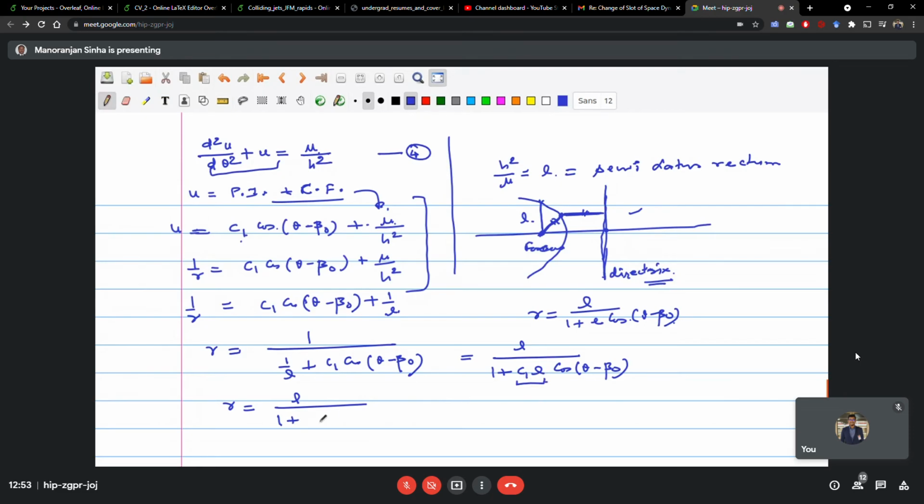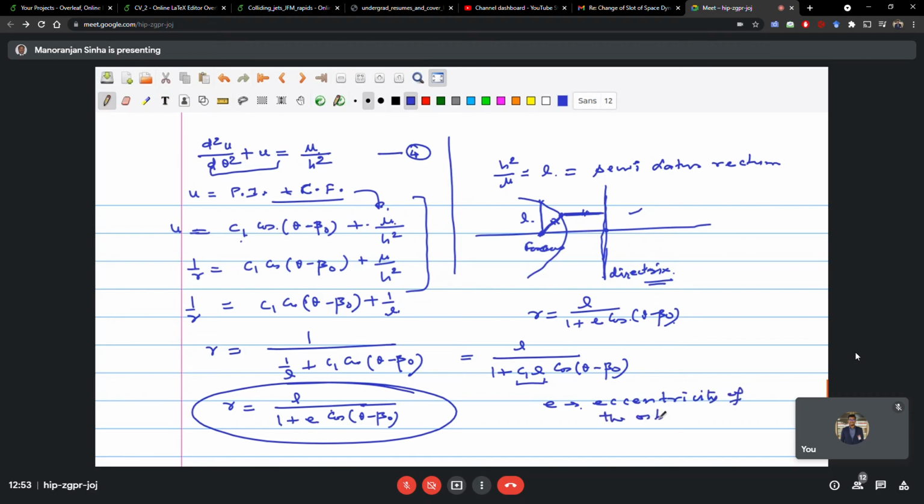This quantity we write as e, where e is called the eccentricity of the orbit. We'll look into all these details later on.